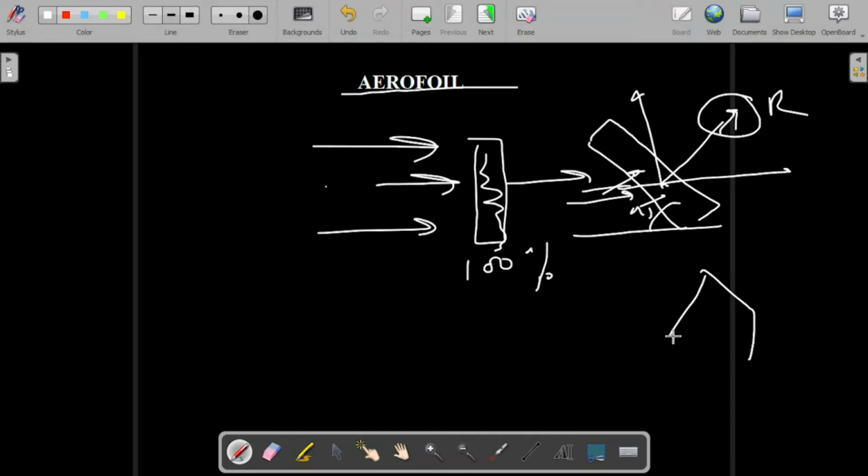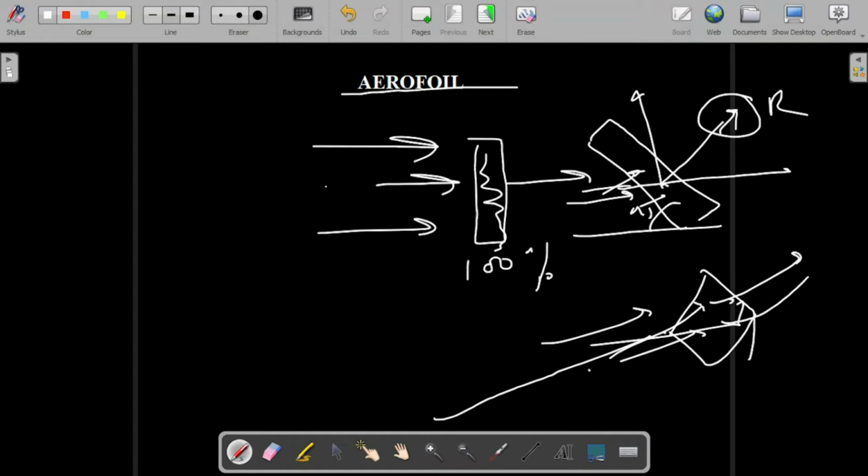So what generally we do with the kite, we pull it with a string, and the air force will try to keep this kite upward. This theory you can actually use when you're traveling in a car or any bus.